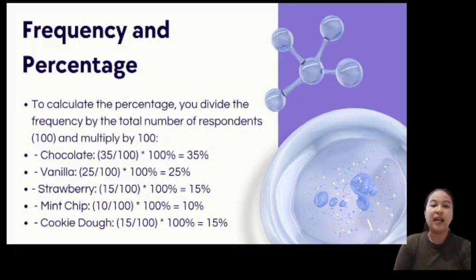Same as vanilla: 25 divided by 100 times 100 equals 25%. And so on and so forth. That's all for my topic, and thank you.